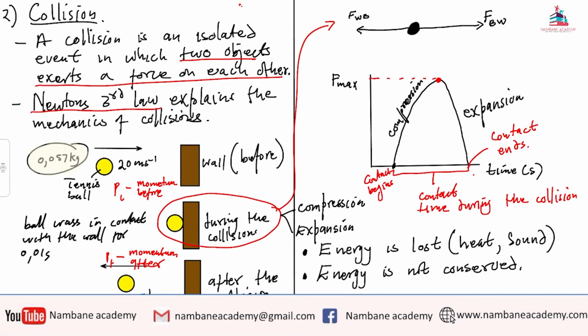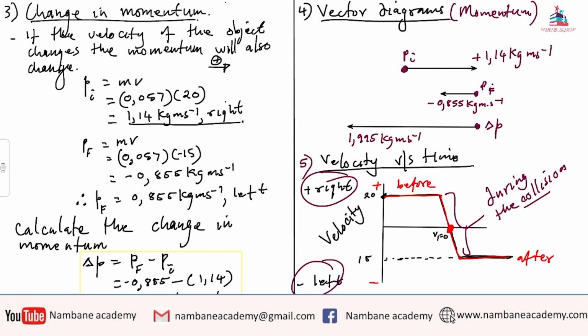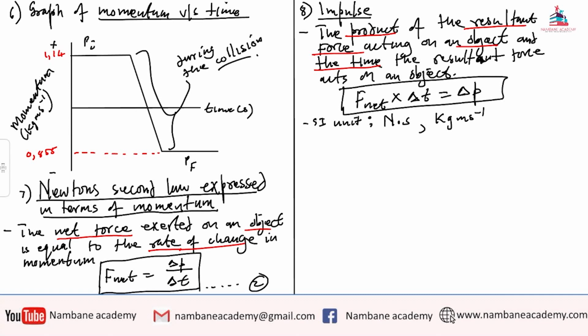So in actual sense, I have the change in momentum, I have the time, which is now 0,01. Then I can basically do that. Then I can easily say F net multiplied by change in t is equal to change in p. What was my change in momentum? 1,995. F net multiplied by 0,01.